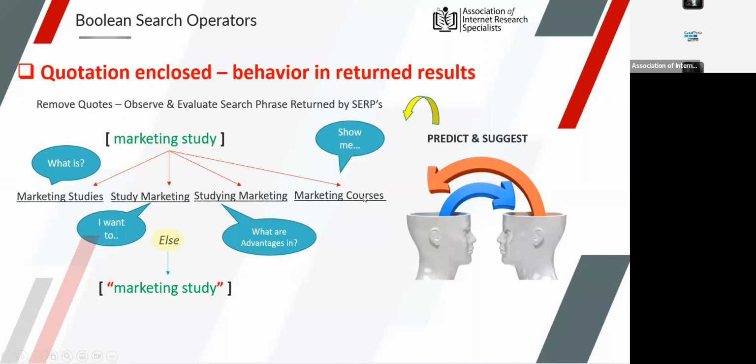Studying marketing courses, all of these would start to combine and would make your search pretty much distorted. But if you had put the words marketing study within quotation marks, it is certainly going to ensure that these two words are matched exactly the way they are set inside of the quotation marks.